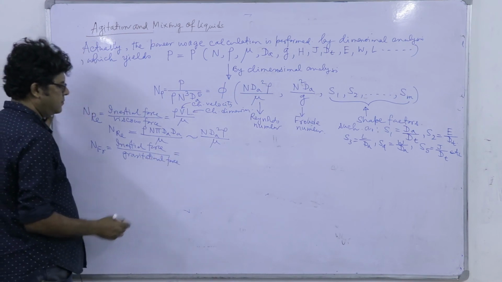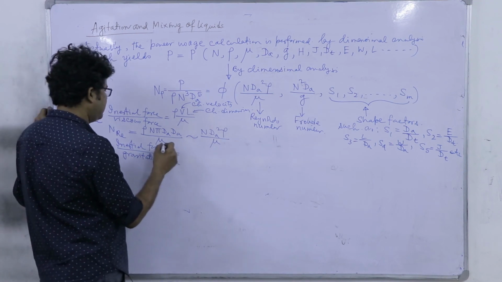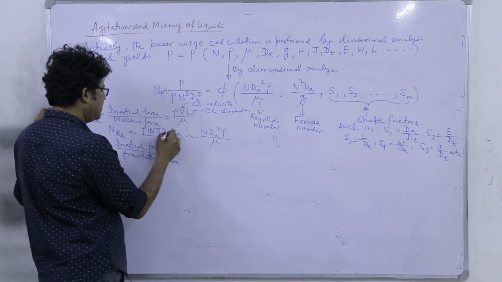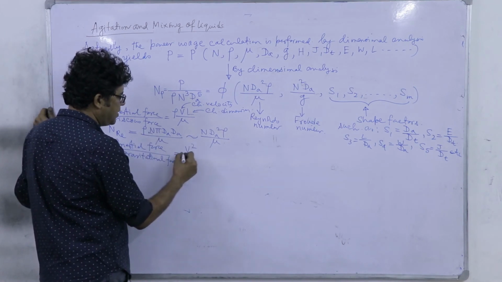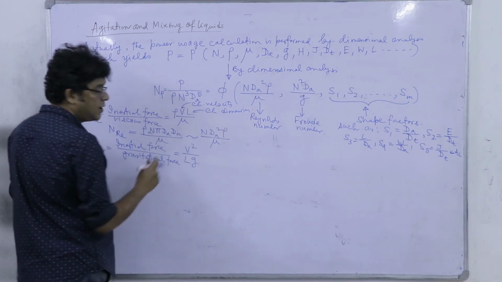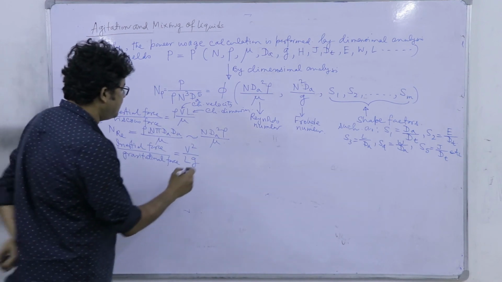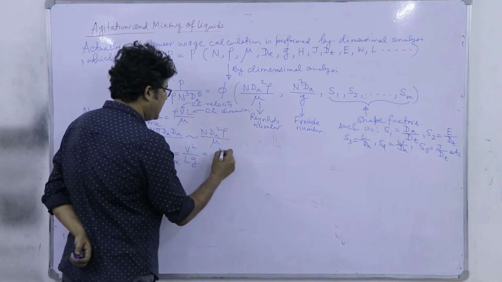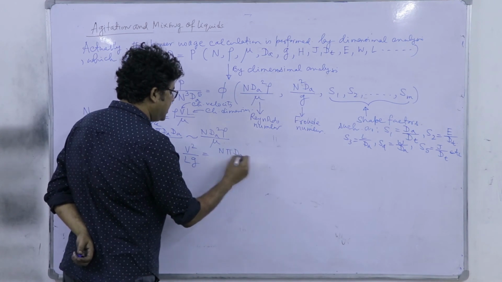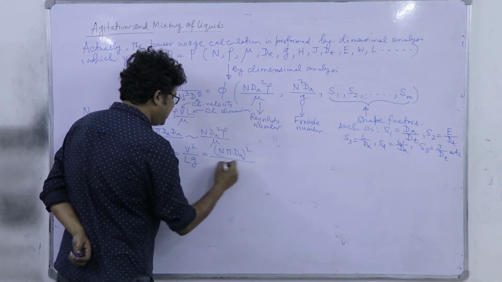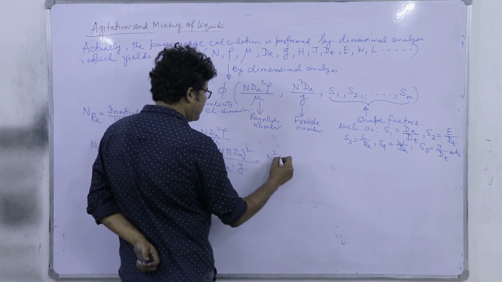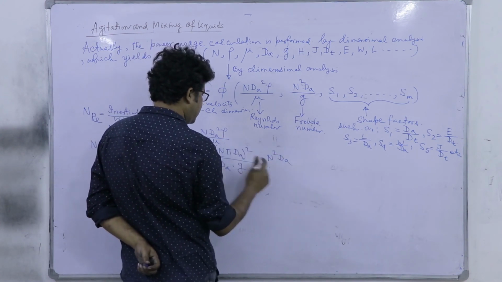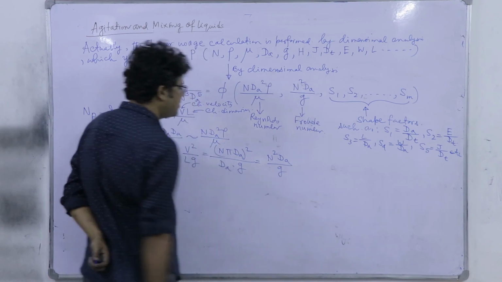The inertial force is v square by Lg, where v is the characteristic velocity and L is the characteristic dimension again. So this is n into pi into dA whole square divided by dA into g. So it is n square dA divided by g.